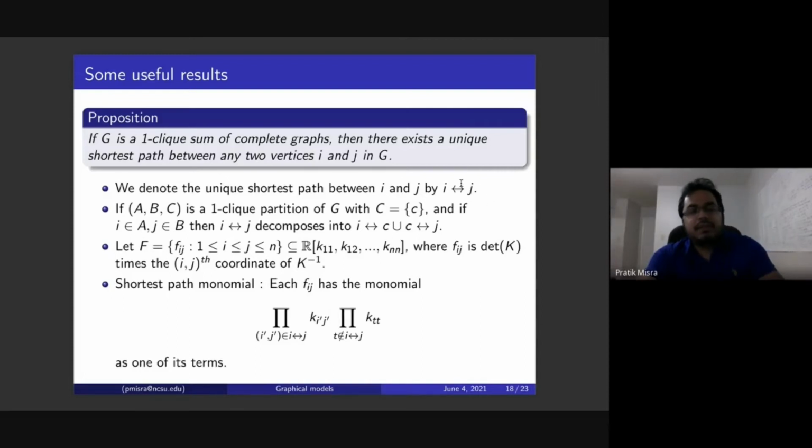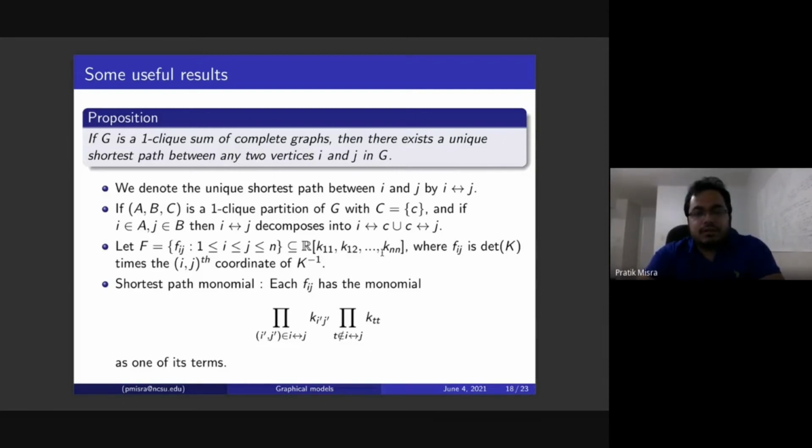Now, if A, B, C is a one-click partition of G with C being the vertex C, and I is a vertex in A and J is a vertex in B, then we could show that the shortest path between I and J decomposes into a shortest path from I to C and then a shortest path from C to J. So the next point is really important over here.